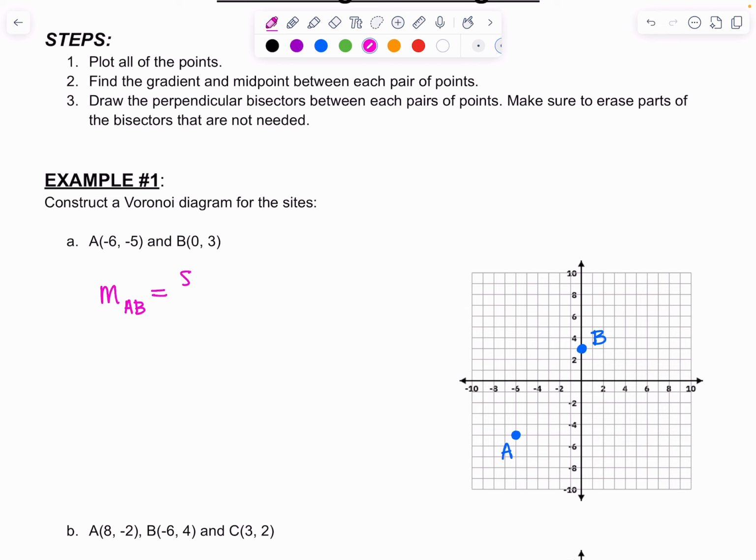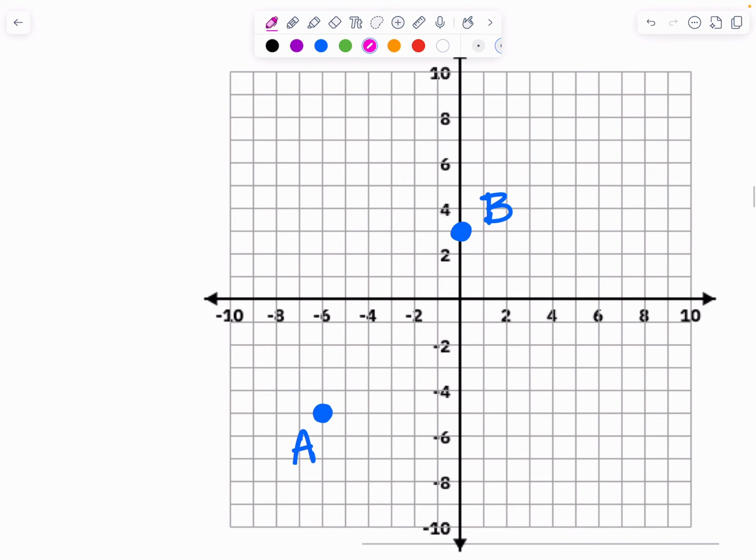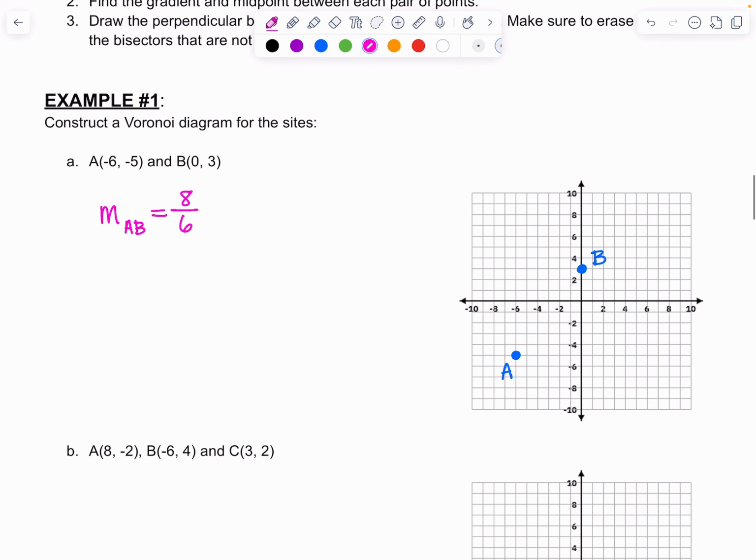So my slope is 8 over 6, because I'm going from -5 to 3, and then 6 because I'm going from -6 to 0. So rise over run. If I simplify that, of course, that will be 4/3.